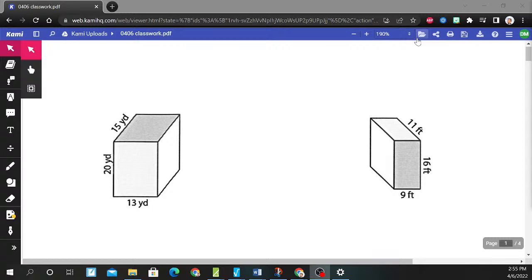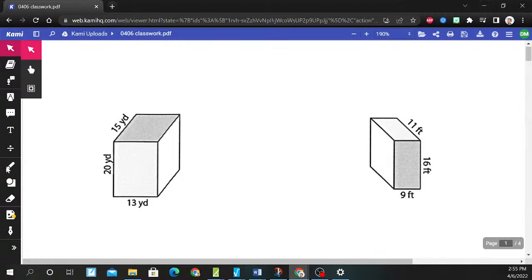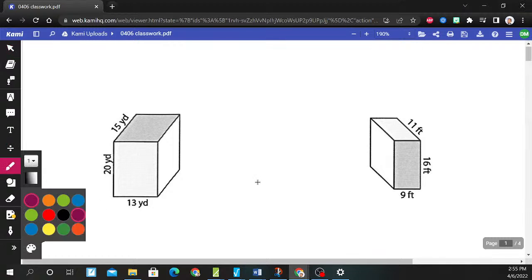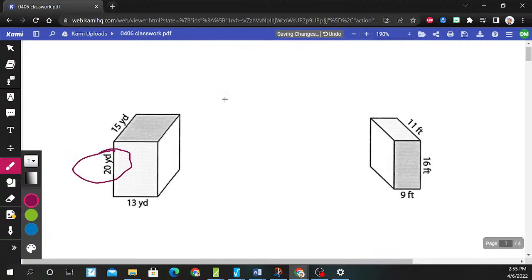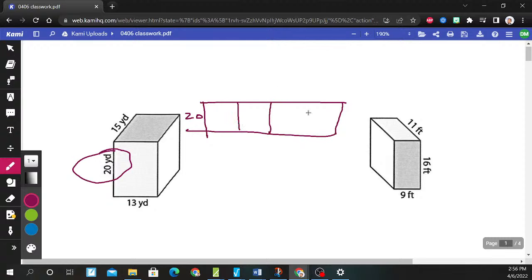Okay, so we'll go through some of these shapes here real quick. Make sure we can see what's going on. This right here is the height of the figure. So we're looking at our lateral surface area here. We have 20, and then now we're just going to grab all the other numbers that we see and write them in spaced out.